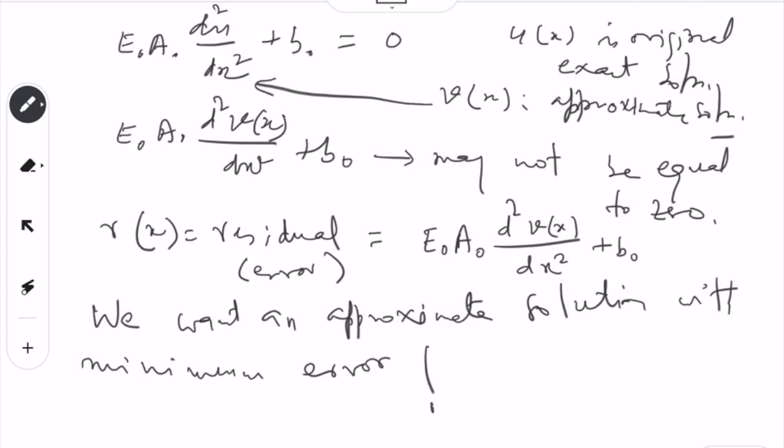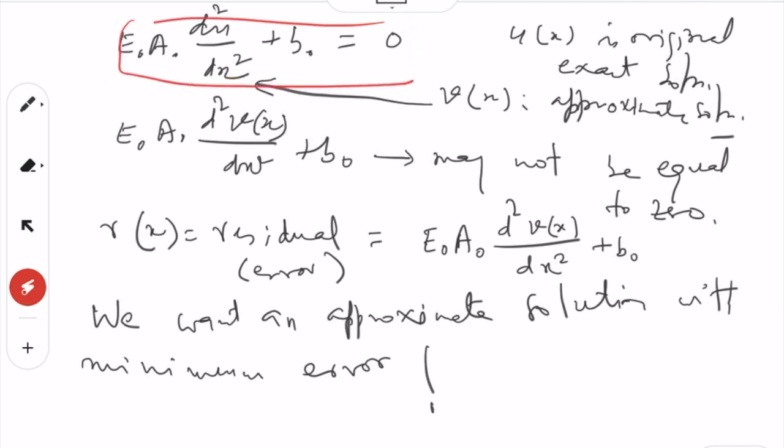This is our aim. We will find the solution such that the error, or residual, is minimum. Residual equal to 0 is the best thing, but the residual will not be 0, as we know. If the exact solution is quadratic and we try to fit u equal to alpha x plus beta, we know that the residual R(x) will not be 0.